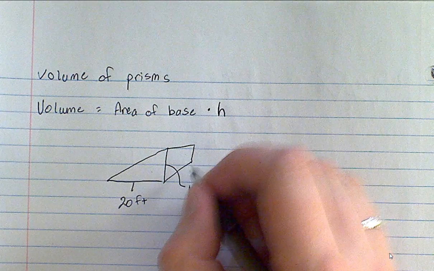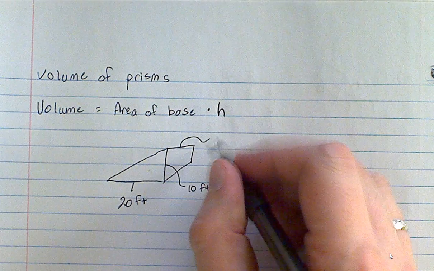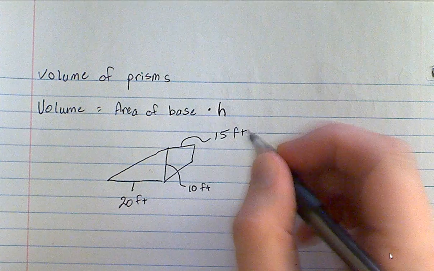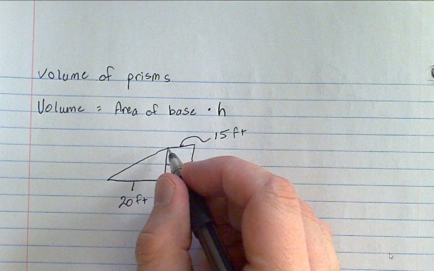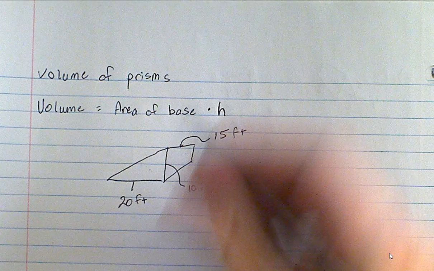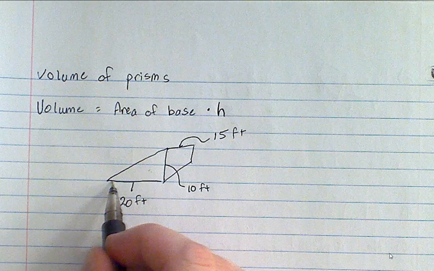And then the distance between these two identical triangular bases, I'm going to call 15 feet. So 15 is the one that is running from base to base, and 10 is what's running for the height. 20 is the base of the triangle.